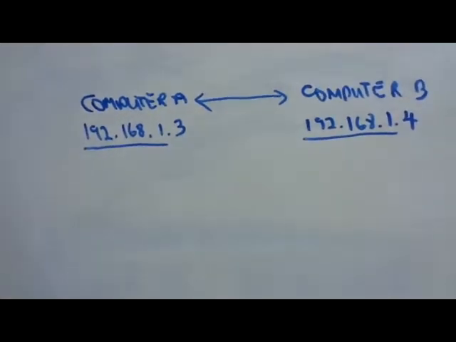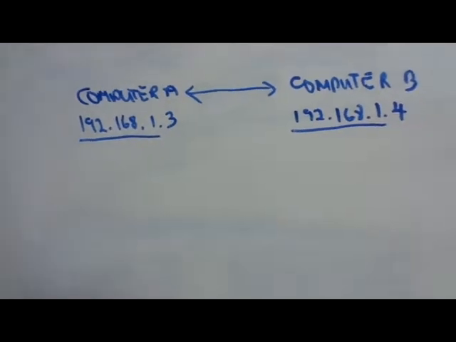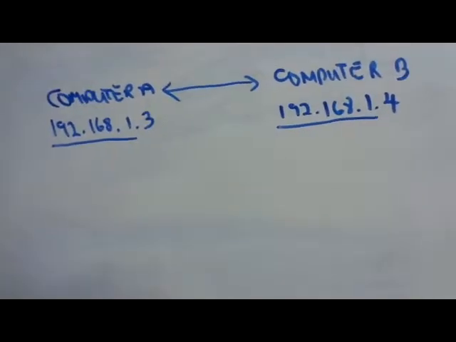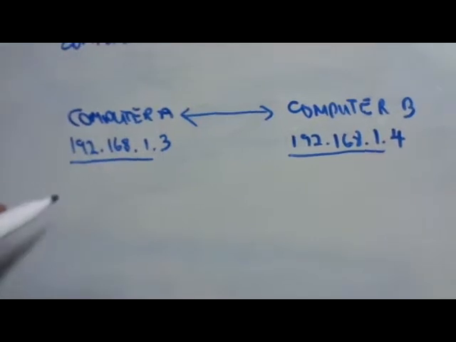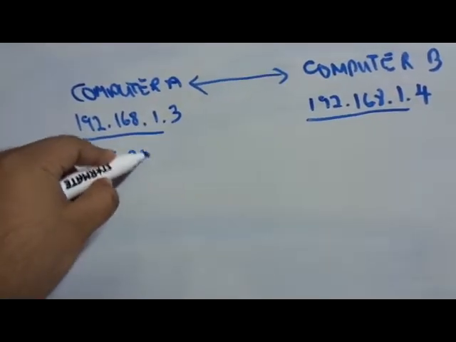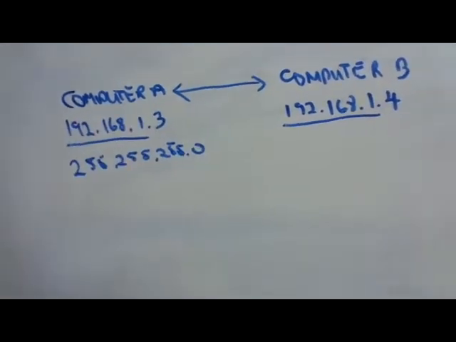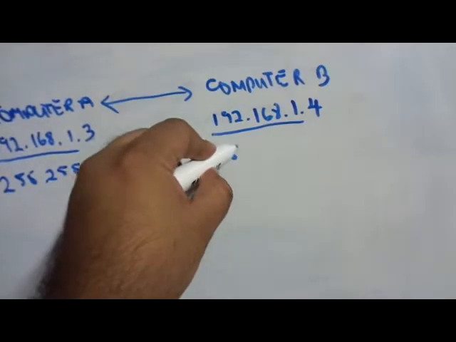This is being simple here. Of course, there's another assumption we have to make here, and that is that the subnet mask is 255.255.255.0, which is the standard subnet mask for an internal network.